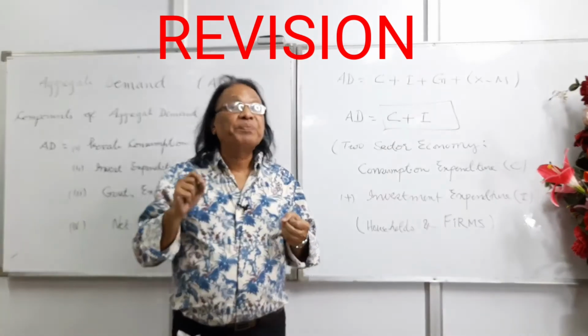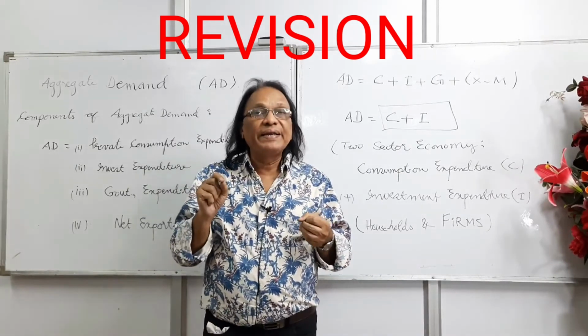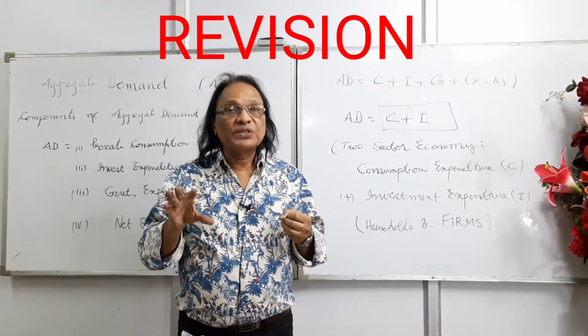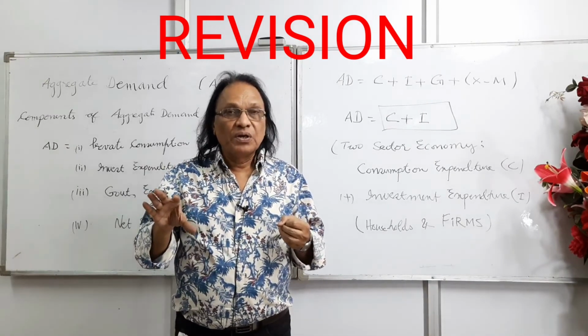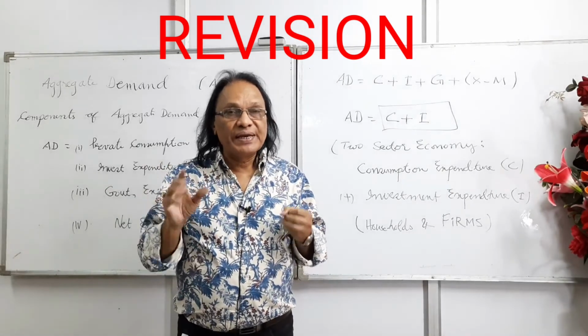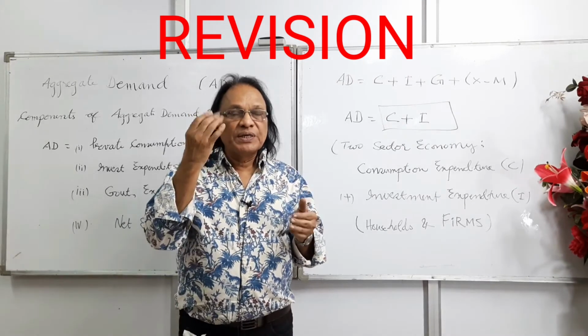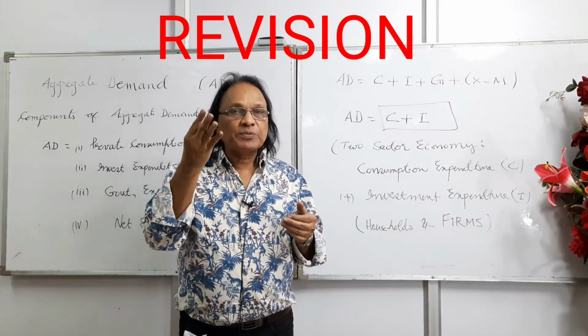To put it in brief, what you are supposed to write: aggregate demand AD is the planned demand for goods and services in an economy in an accounting year, or the planned expenditures in an economy in an accounting year. It has four components, C plus I plus G plus X minus M.